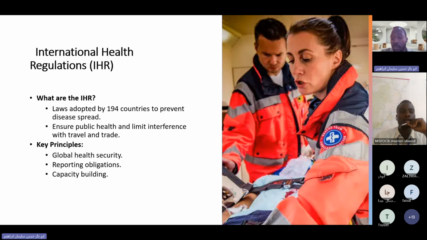Sometimes they request passengers to have a yellow fever card and also a COVID-19 card. Yeah. In the Ministry of Health, there is a big department called International Health Regulation. They follow all of this to apply among the country in different places.